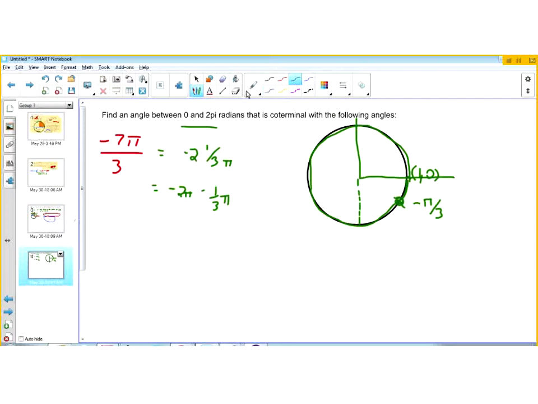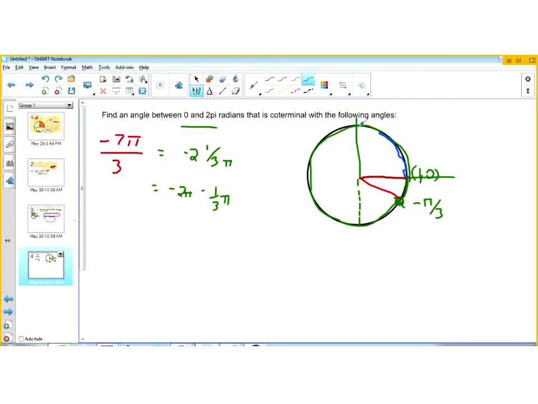But the problem says we need to find an angle between 0 and 2 pi. So the angle negative 7 pi over 3 happens to be right here. What is an angle between 0 and 2 pi that's coterminal? We have to go counterclockwise, because between 0 and 2 pi we need a positive angular measure.